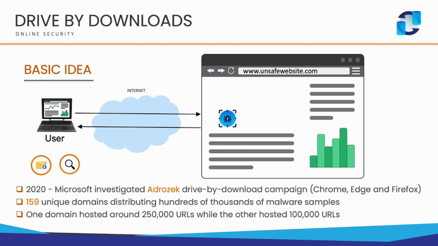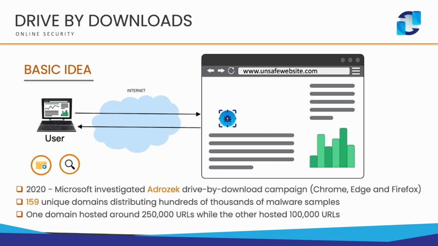Now, in this instance, they found out one of the domains hosted at least 250,000 different URLs, so 250,000 different websites, while another domain hosted 100,000 URLs. So you can imagine the number of unsafe websites which were actively installing malware. Moreover, it was also a bit dangerous because these websites weren't static.